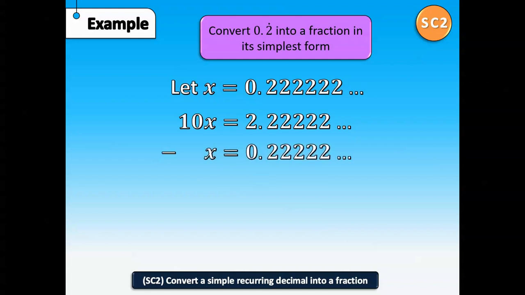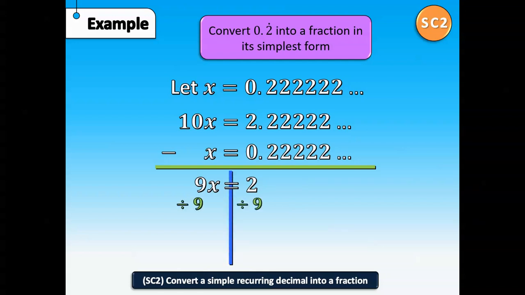If we take these away from each other, so we do 10x take away x, we get 9x, and 2.2 recurring take away 0.2 recurring would be just 2. So 9x equals 2. That means that x would be 2 over 9. So 0.2 recurring as a fraction would be 2 over 9.